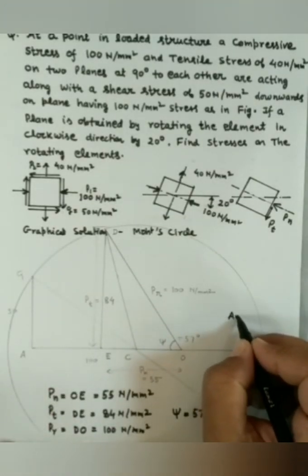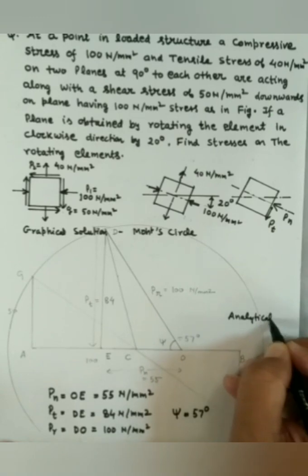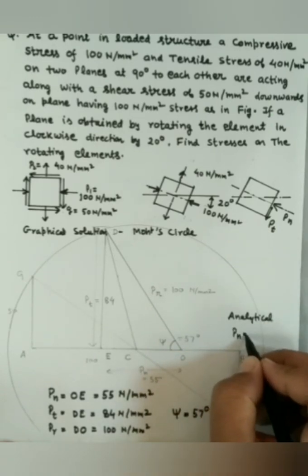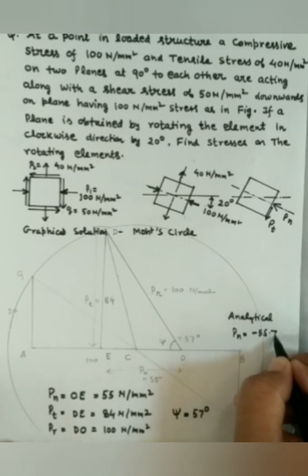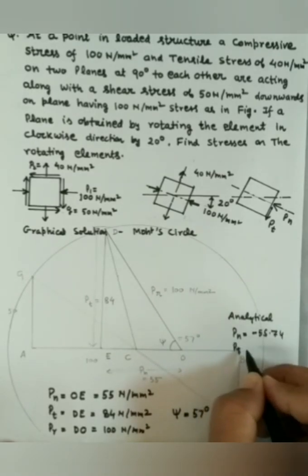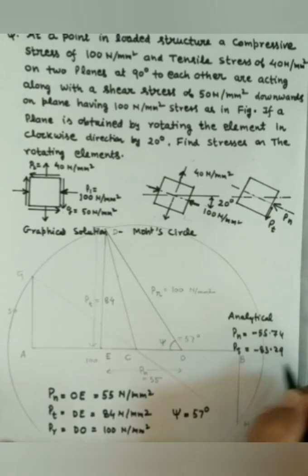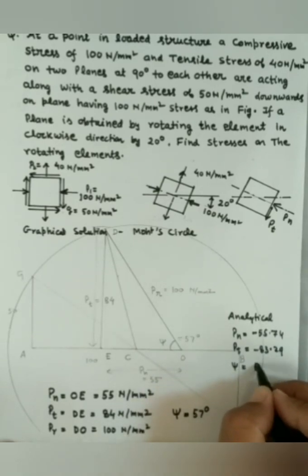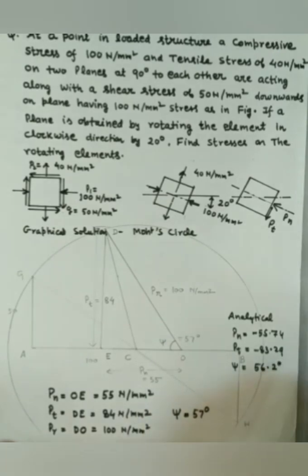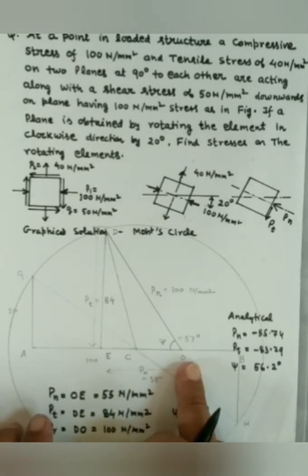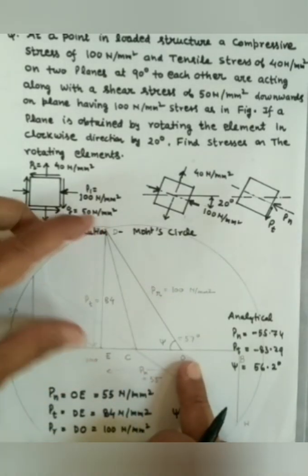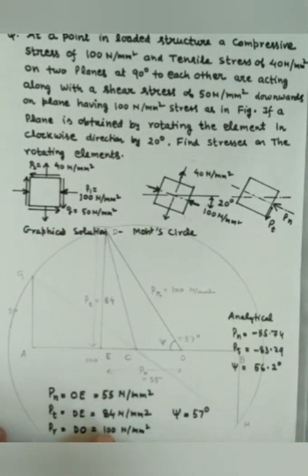So if we match the values obtained graphically and the values obtained analytically, the analytical values are Pn equal to minus 55.79, Pt equal to 83.29, both negative, and psi is equal to 56.2. If we see on the Mohr's diagram, the Pt is above the x-axis, so as per sign convention it will be negative, so it is minus 84 Newton per mm square.